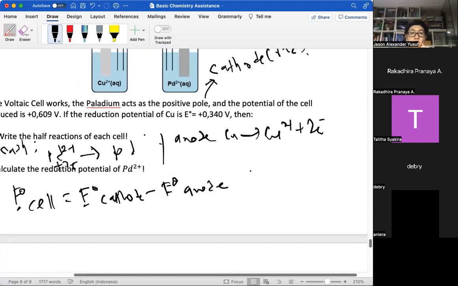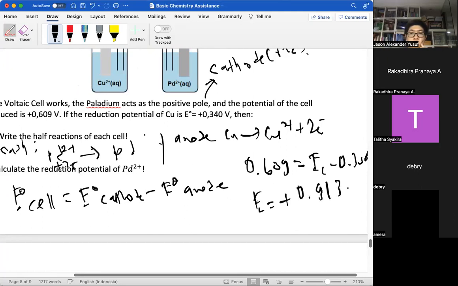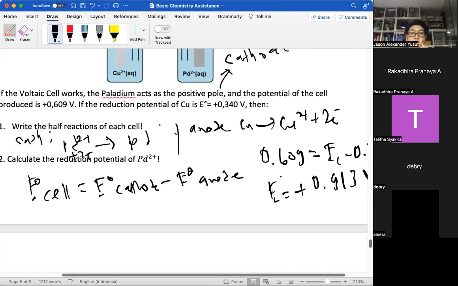We just need to plug in the values. So this is 0.609 equals E cathode, and the anode is this one, right? So E cathode minus 0.304. You will get E equals positive 0.913 volts. That's the value that you get.